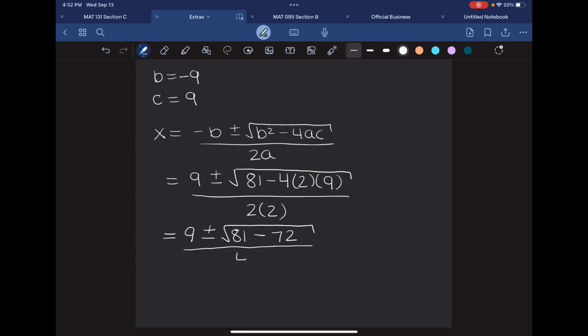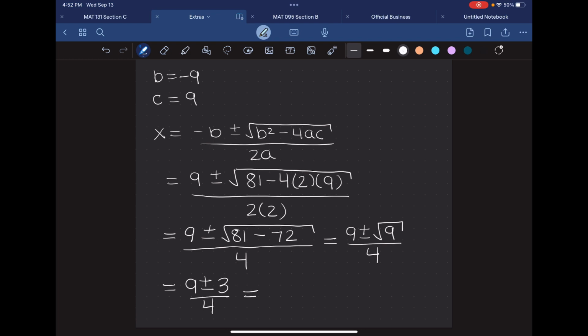And then I divide by 4. When we simplify this, we've got 9 plus or minus, under the square root, 81 minus 72 gives me a 9, and then divided by 4, which is equal to 9 plus or minus the square root of 9, which gives us 3, and then divided by 4.